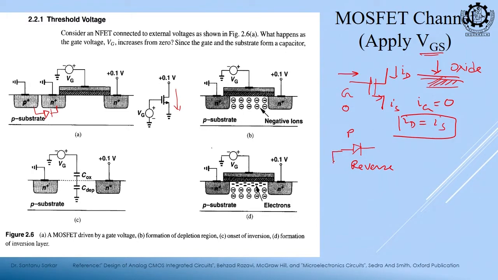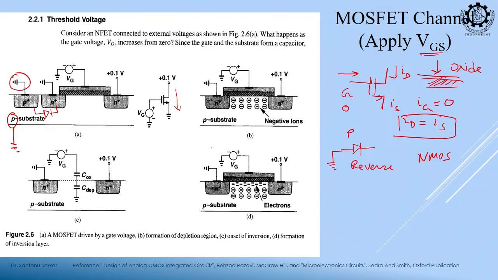So, what is our lowest potential? Say ground. So, for NMOS, our substrate is P, na. So, P should be always grounded. Why? Because we do not want any current to flow through substrate, we want current to flow through the channel, which is of our interest. Okay. So, this should be always grounded.